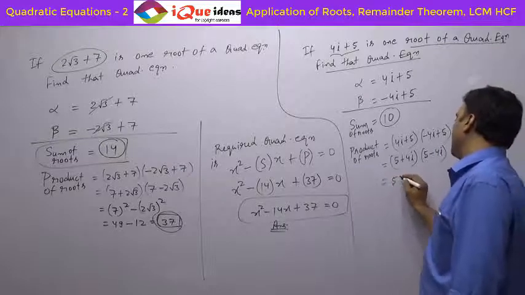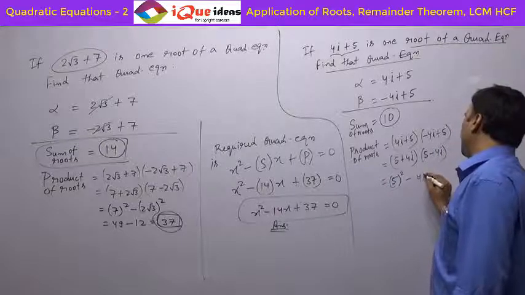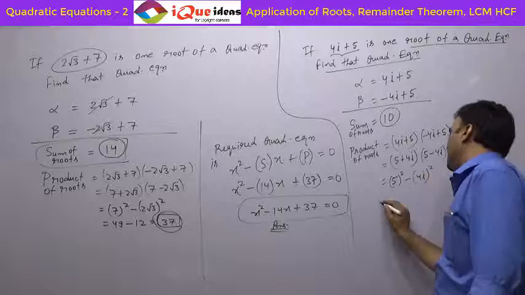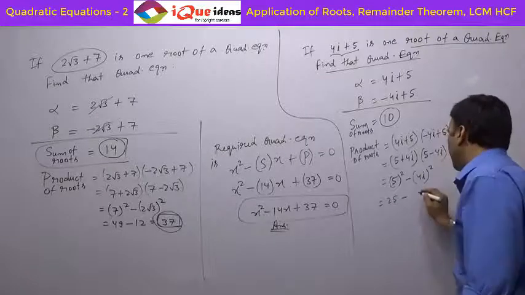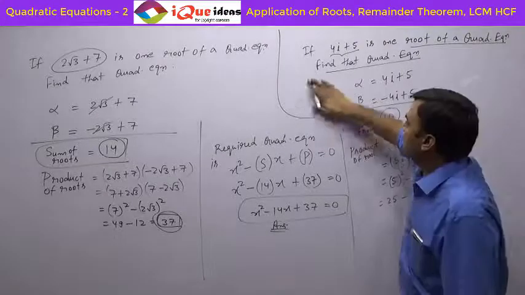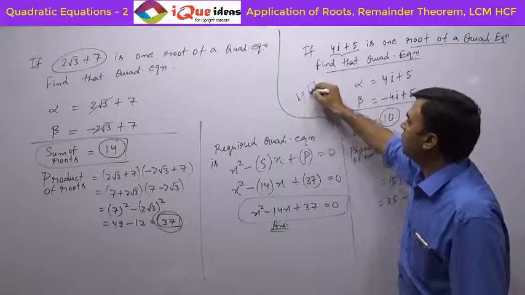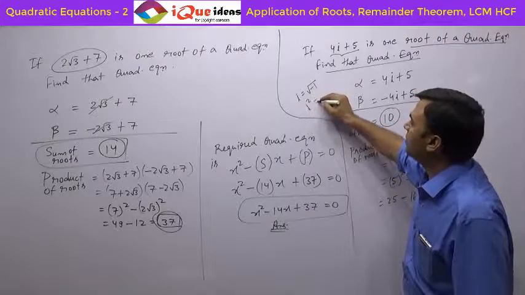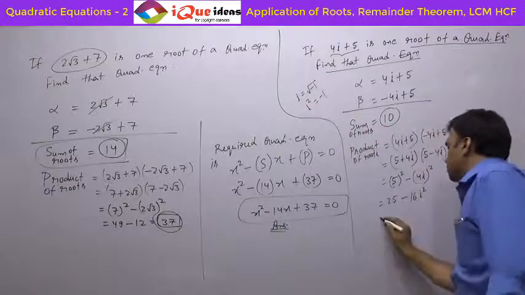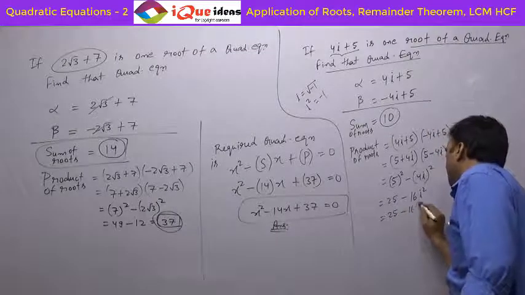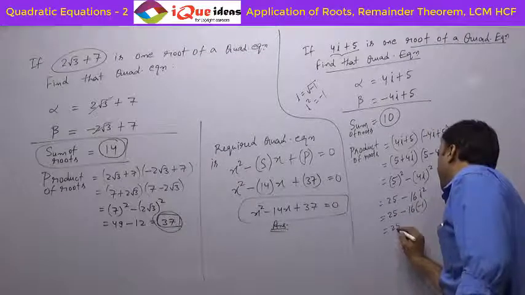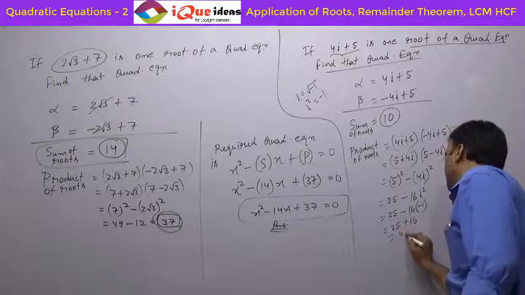So it is 5 square minus (4i) whole square. Now 5 square is 25 minus (4i) square is 16i square. Now we know that i is equal to root of minus 1 and i square is equal to minus 1. Okay, so it is 25 minus 16 into minus 1, which is 25 plus 16, that is 41.